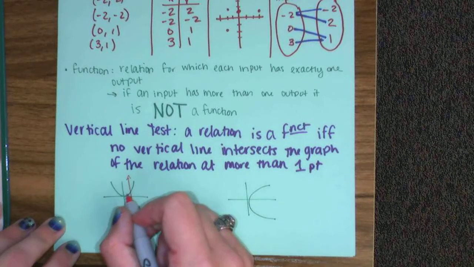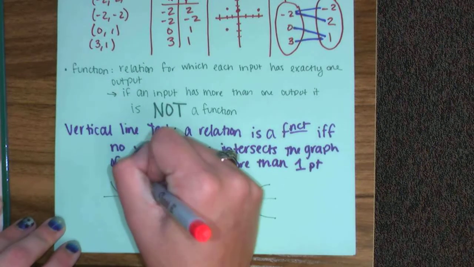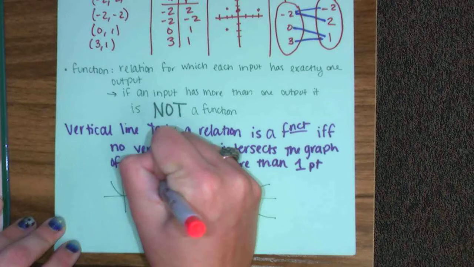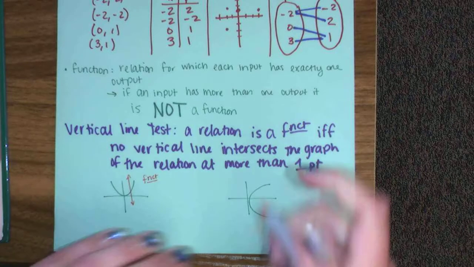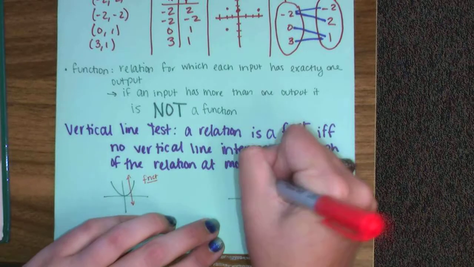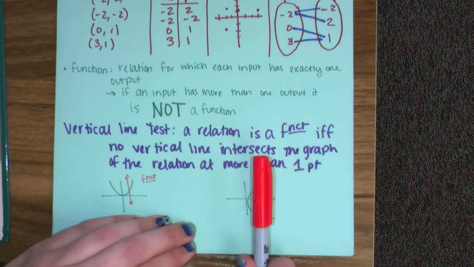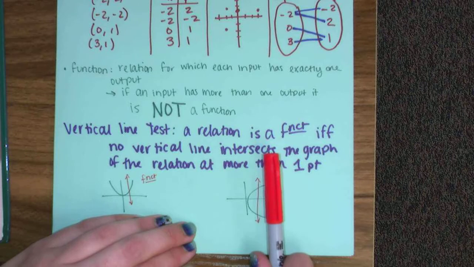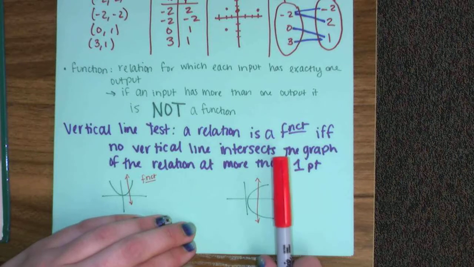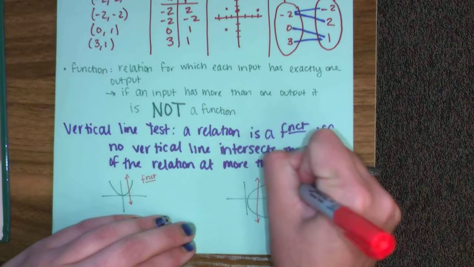Okay, so since this one does not, it only hits in one spot, it's a function. Okay, but this one, if I were to draw a line down through my function, or if I were to follow it over, for every x value, there are two y values here. Okay, so this is not a function.